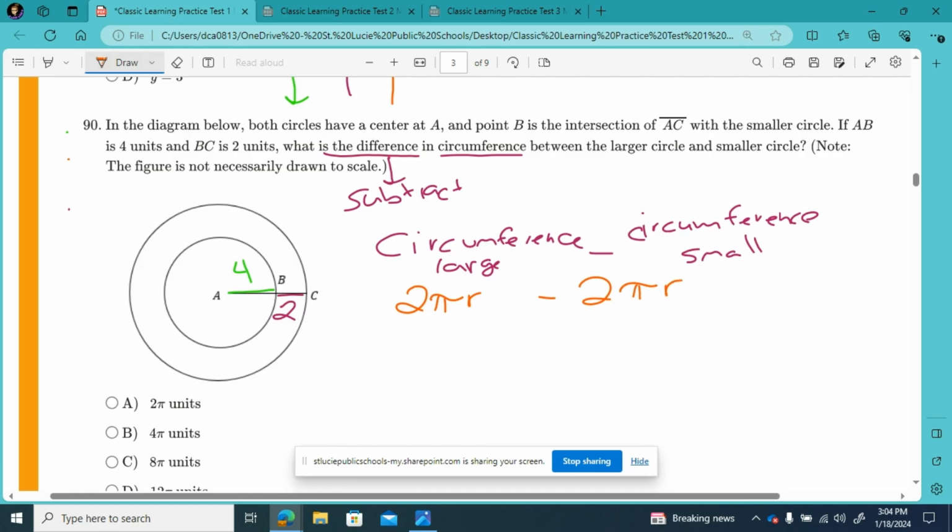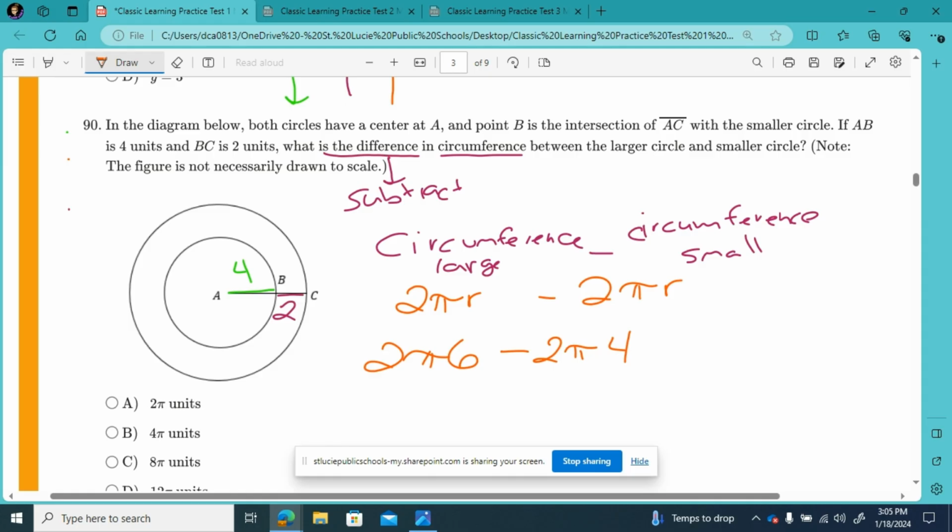And all I need to look up is the radius of each circle. So my large circle goes from the center all the way out to C. That's 4 plus 2. So that's 2 pi, and my radius 6, minus 2 pi r. Small circle, where my small circle goes from the middle to point B, and that radius is 4. So 2 pi 4, and we're almost there with this question.